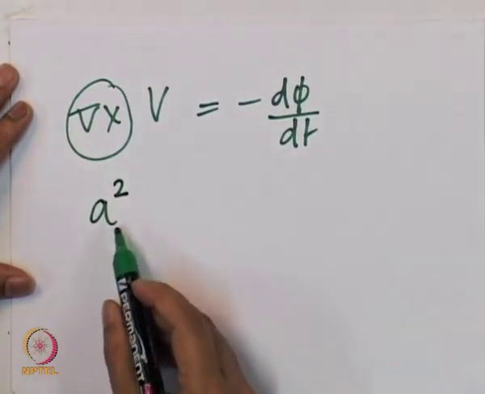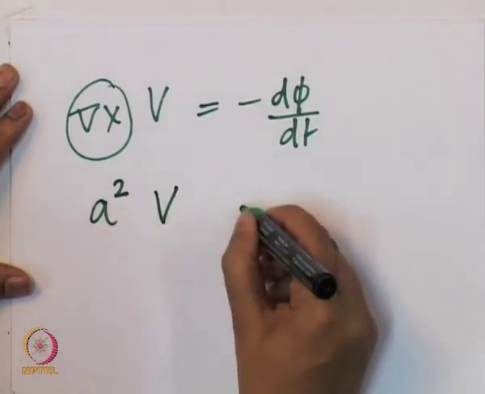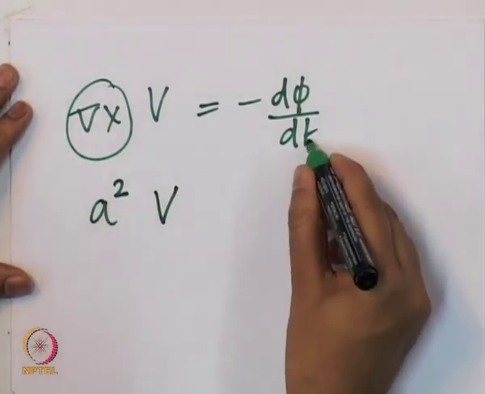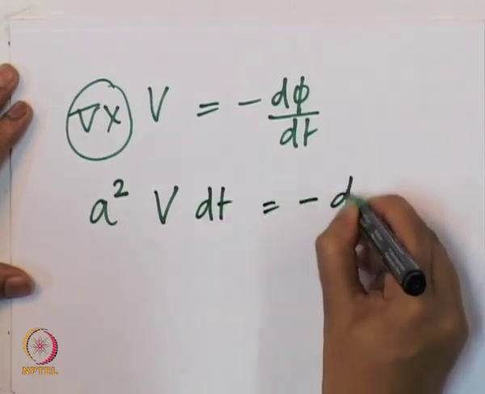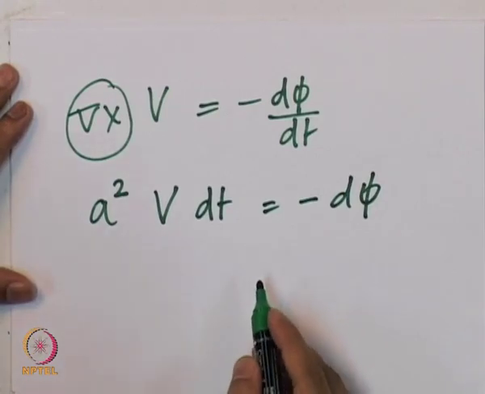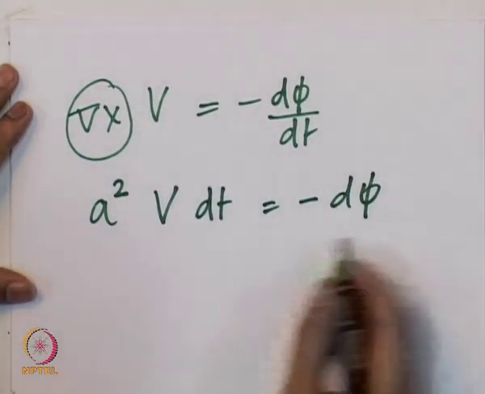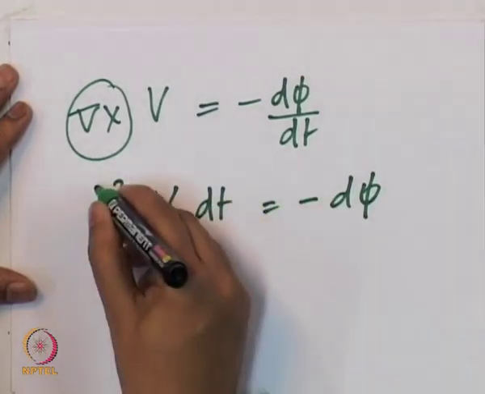Curl will be the second co-boundary operator, and you have got V, and I will take the dt on the other side. So I will have V dt here will be equal to minus d phi. So what you have got now is I have to integrate it on both sides to get the equation only in terms of phi. So I do the integration.